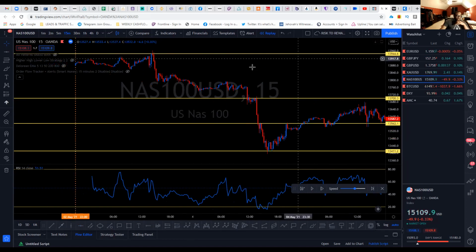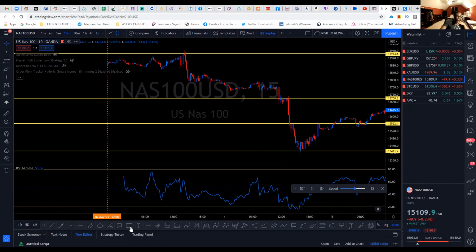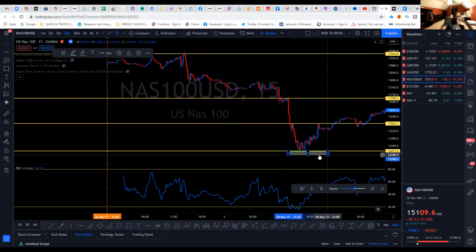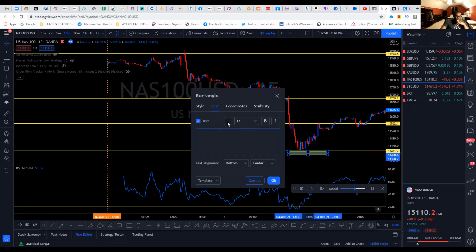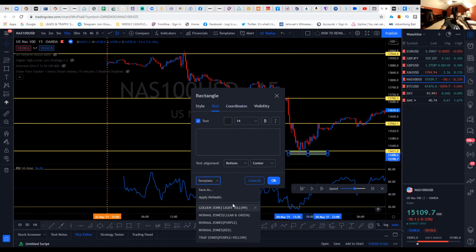Then the next thing I'm going to do is take my rectangle tool and draw my zones based off of this. I'm going to draw my zones from the body of the candle to the bottom of the wick. As time goes on, when you're learning TradingView, you'll know how to draw this up. It just takes practice.